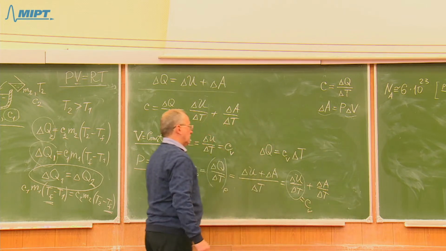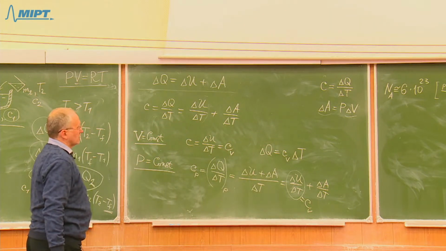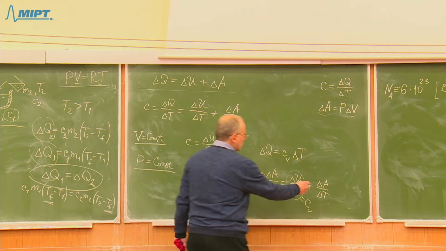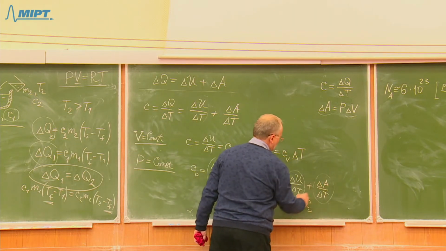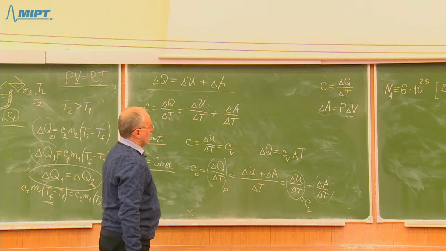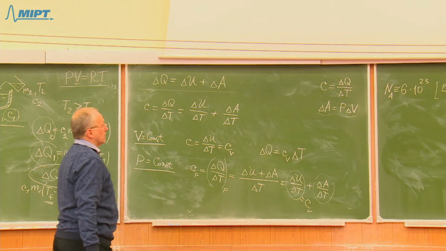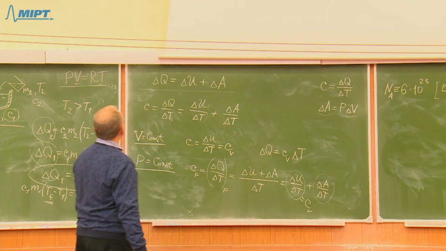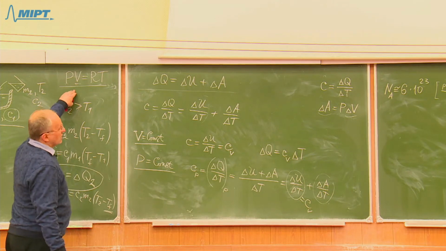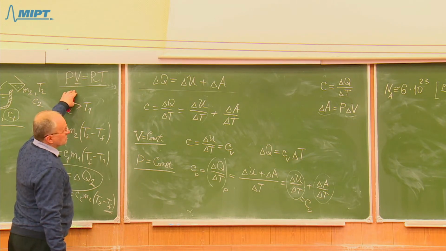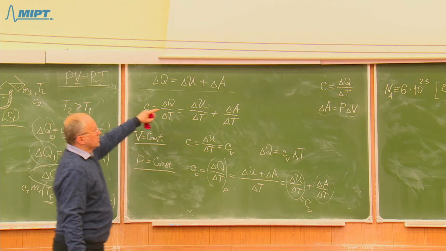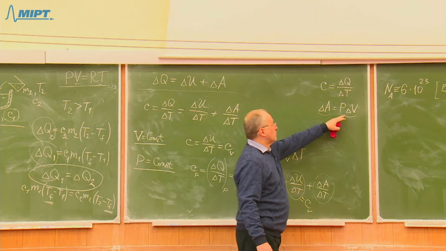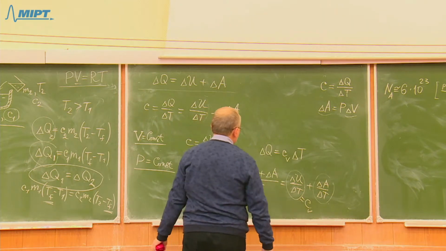That is the heat capacity under constant volume. And the second term must be assessed using what we know. And we know the gas equation, and we know the definition of work, that work is P delta V.